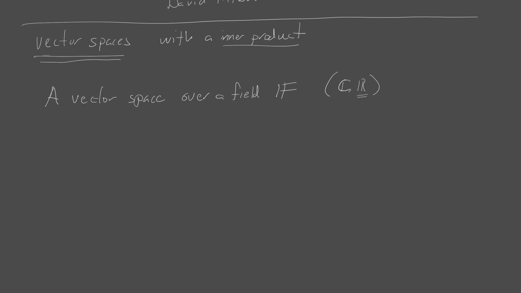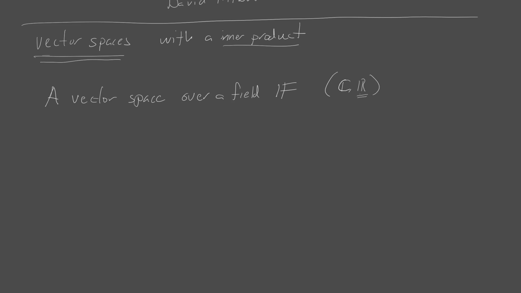We'll define everything with the reals. There's a couple differences that I'll talk about. I'm not going to write down for the complexes because you have to have complex conjugate things show up when you're dealing with inner products. But we're going to define everything over the reals so we don't have to worry about complex conjugation or anything. But everything does work on the complex numbers as well.